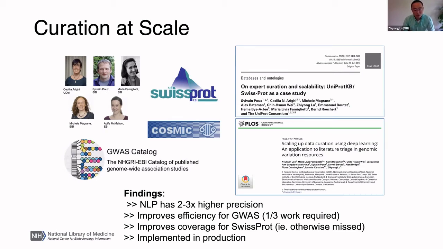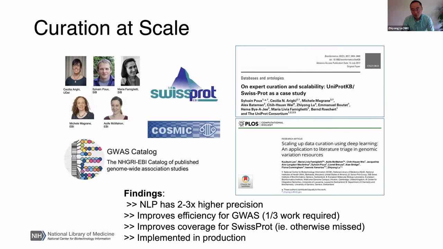But data curation is very costly, because it's done mainly by humans manually. So we were working with these different databases separately, but we find, together with the findings from different databases, that NLP can really scale up the curation process by improving the efficiency without sacrificing data quality.